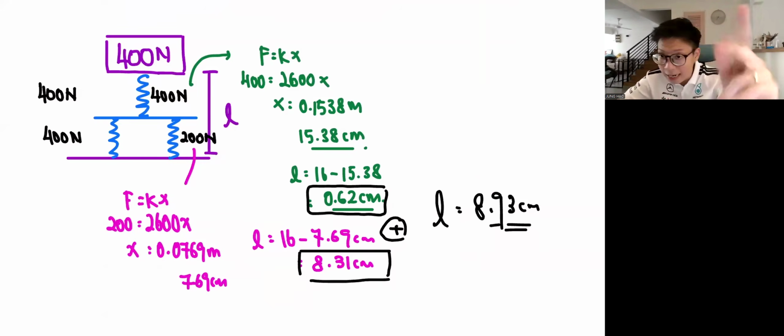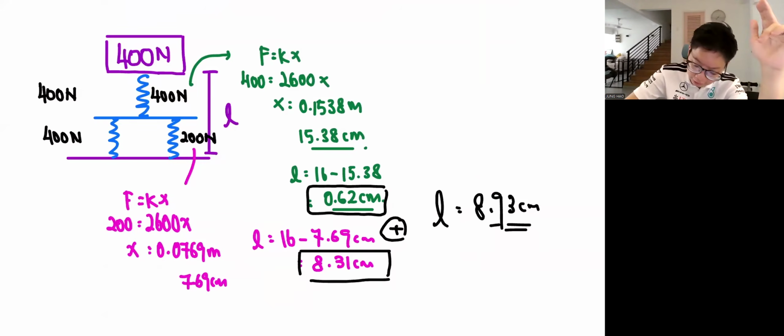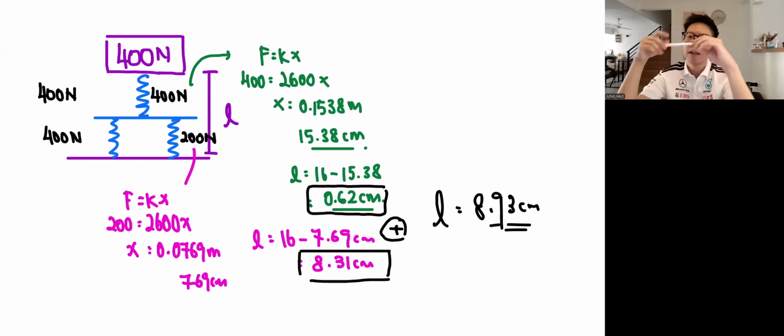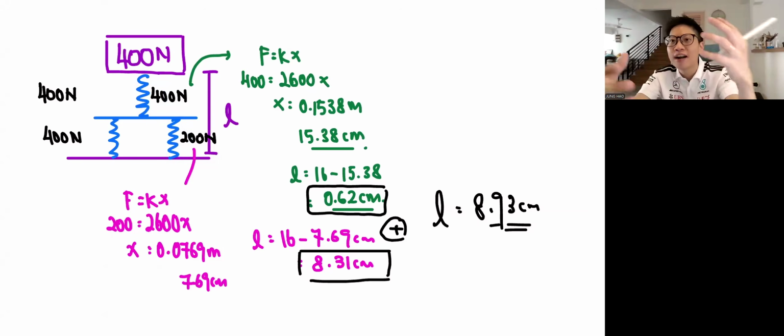Do you separate and calculate? Like you calculate the 400, then you calculate this 200. Did you separate? Okay, no, okay. Technically, you get the same answer, correct? But how are you going to justify why you do it?